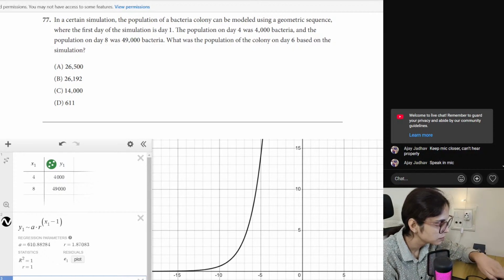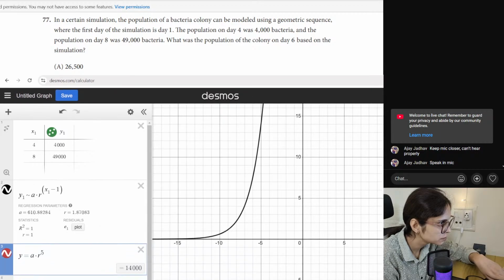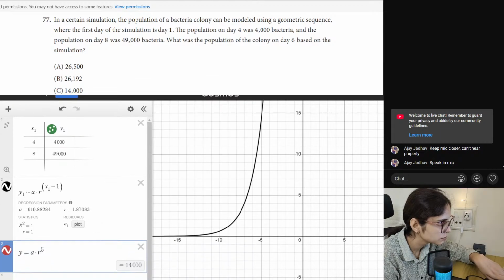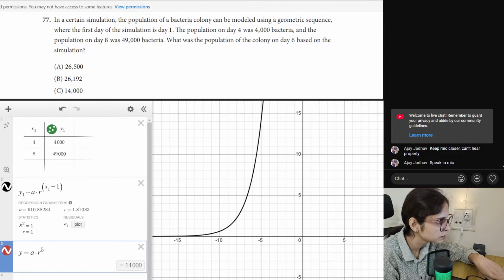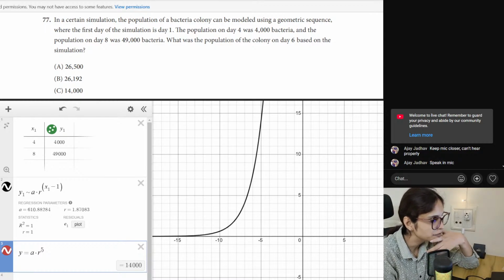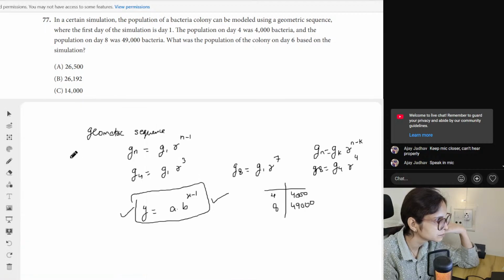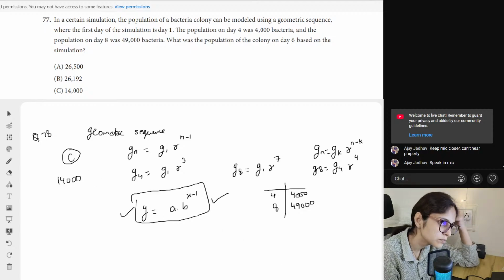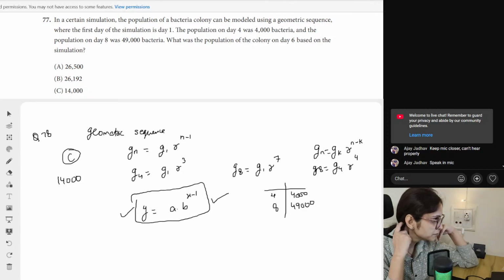Let me make it bigger so you can see. So a r to the power 5, because on the 6th day it will be a r to the power 5, because 6 minus 1 is 5. Getting 14,000. So the answer is option C, 14,000. Got it?